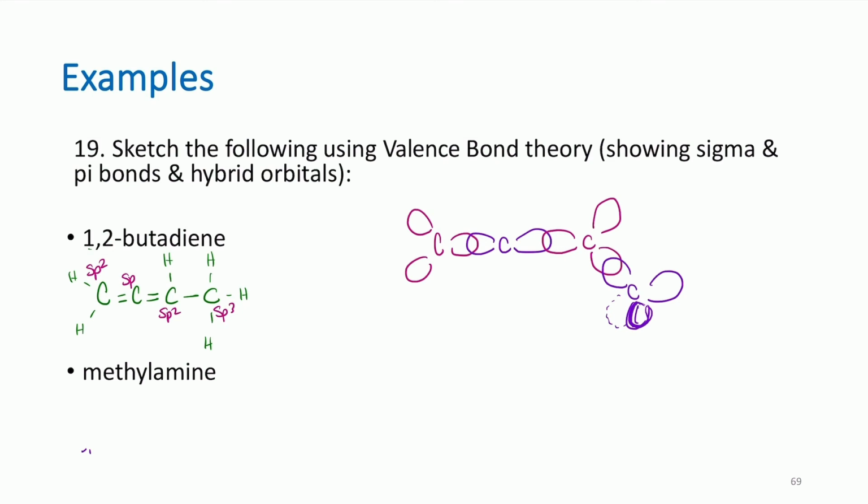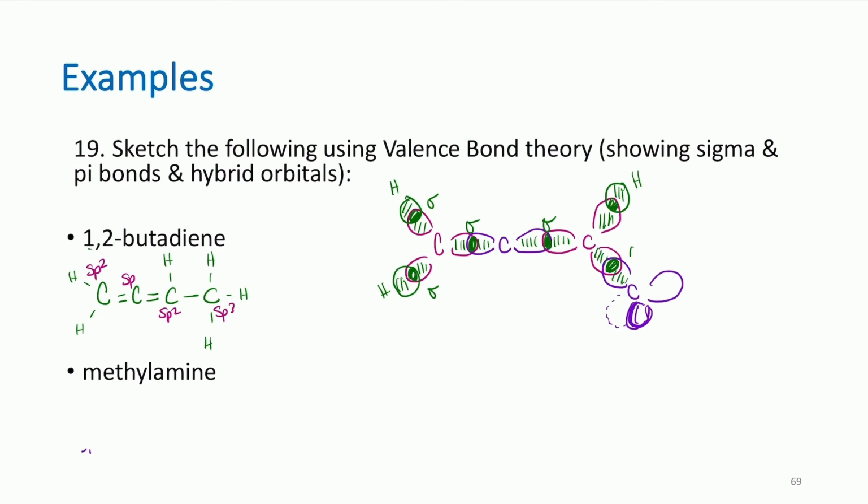Okay, let's go ahead and put my hydrogens in. This is sigma bonded to a hydrogen. This is sigma bonded to a hydrogen as well. This is sigma bonded to a hydrogen. These are sigma bonded to each other. These are also sigma bonded to each other.